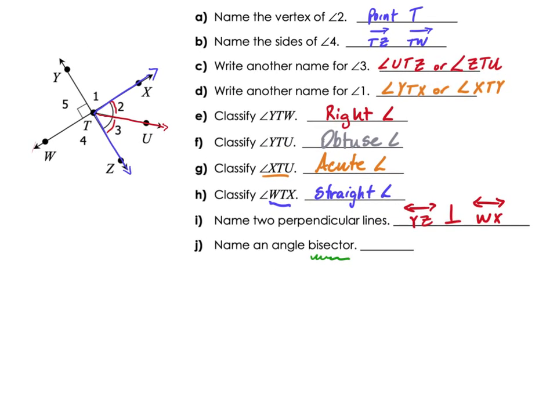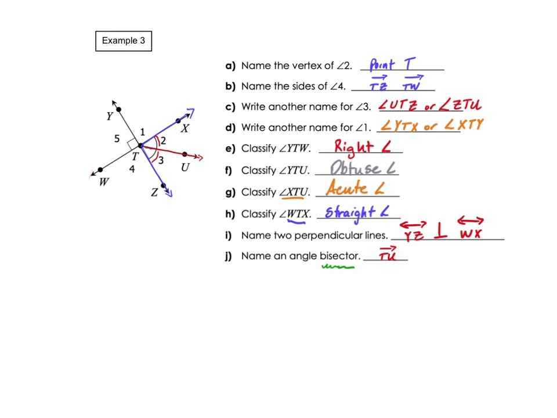We'll talk more about bisectors in the future, but I can say that is one example. Ray TU is an angle bisector. There are other examples on here. That just happens to be one of them that I've noticed.